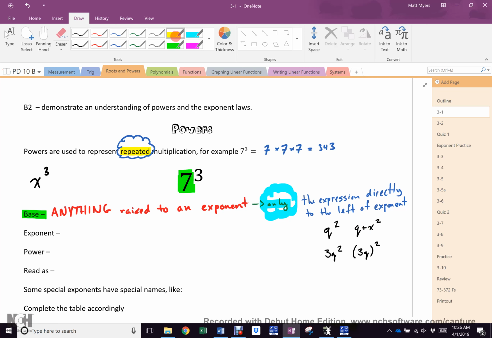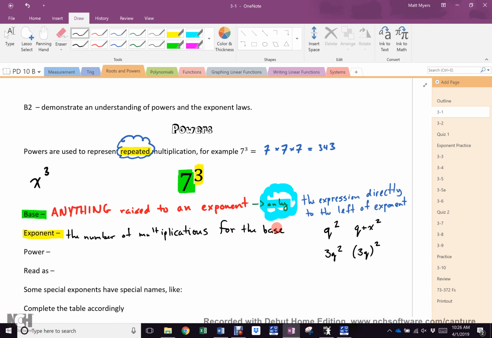The exponent I will highlight in yellow, which is right there. What is the exponent? The number of multiplications for the base. All right.